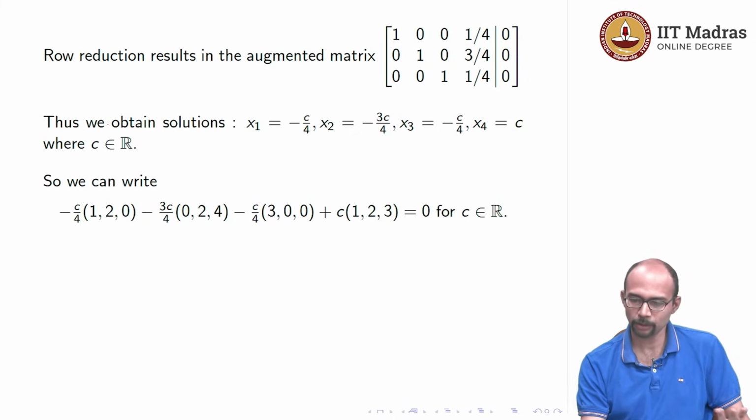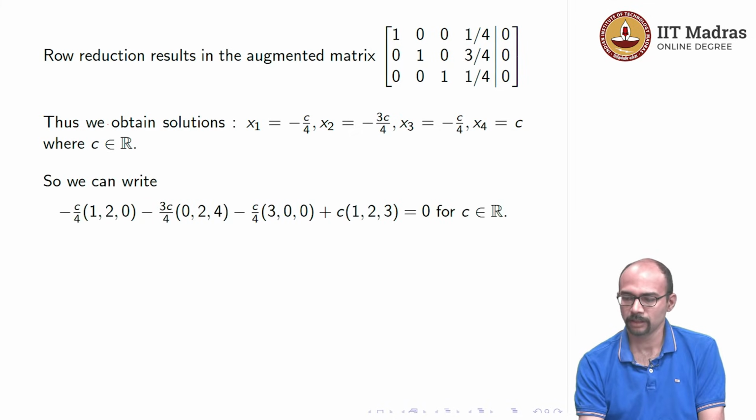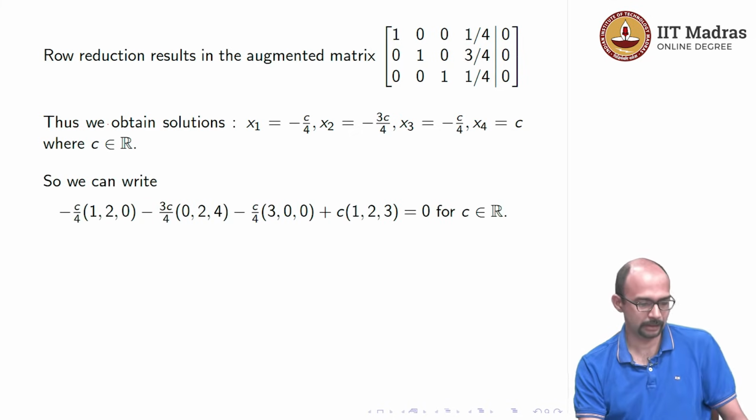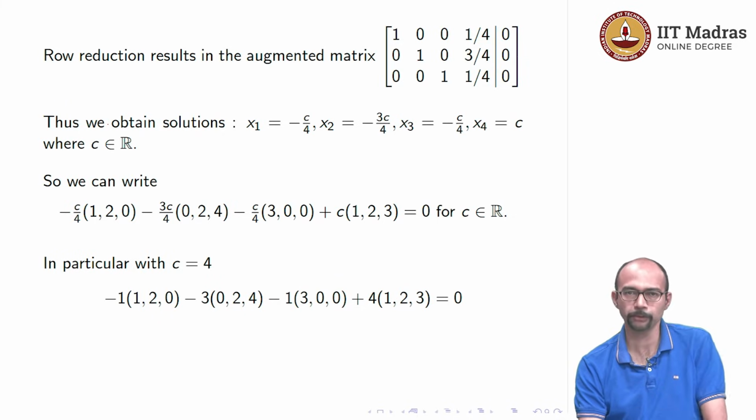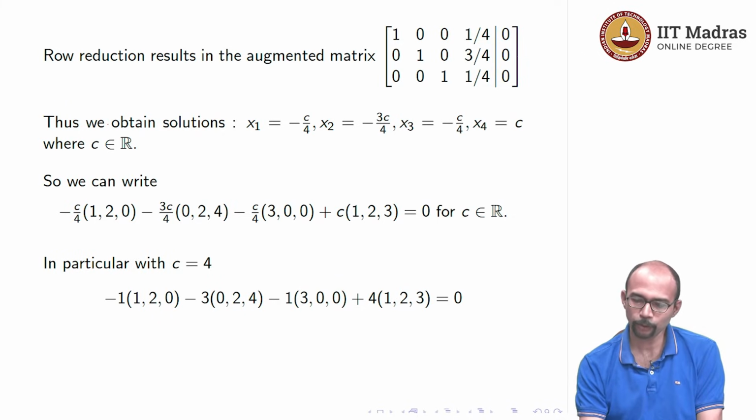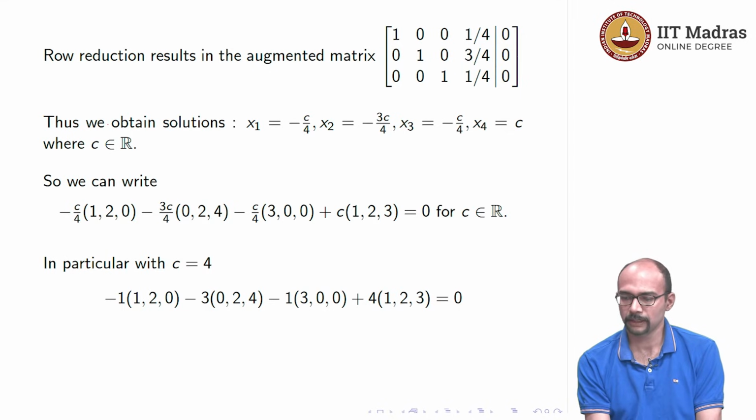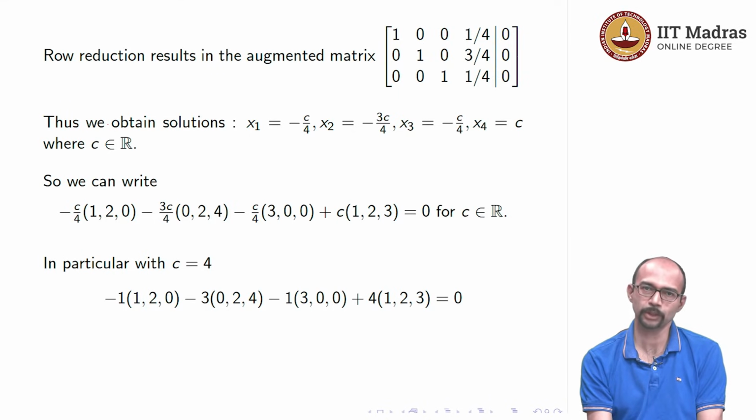Just as an example, you could take c to be, let us say, 1 or maybe c to be 4. If you take c to be 4, you get minus 1 times (1, 2, 0) plus minus 3 times (0, 2, 4) plus minus 1 times (3, 0, 0) plus 4 times (1, 2, 3), and you can check that this is actually equal to 0.